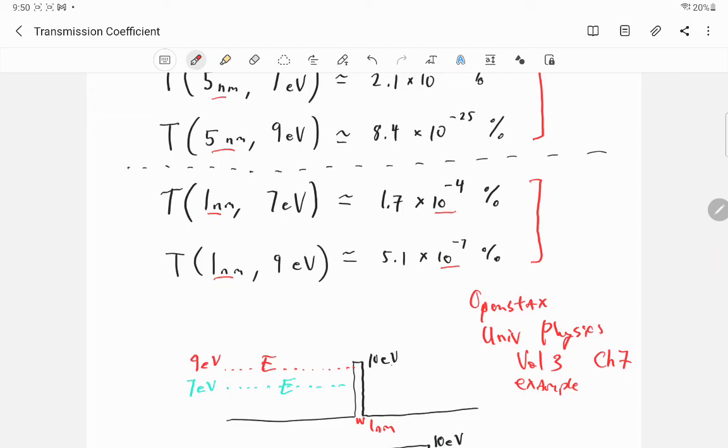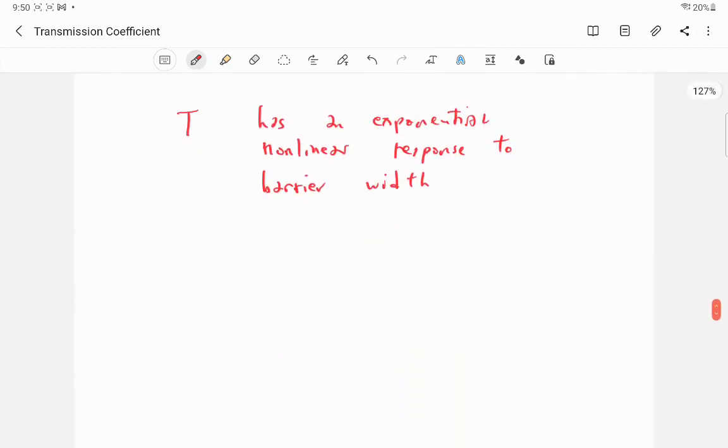And this can be utilized if you have a surface of a material with a bump on it of about, say, 3 nanometers.